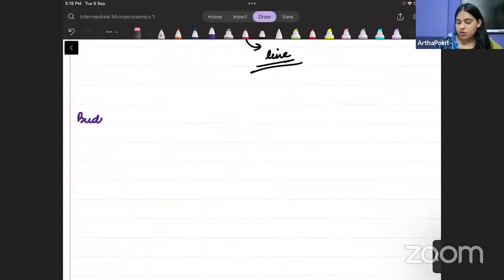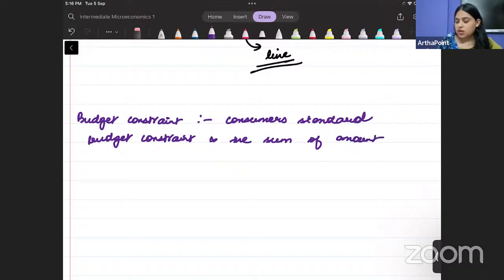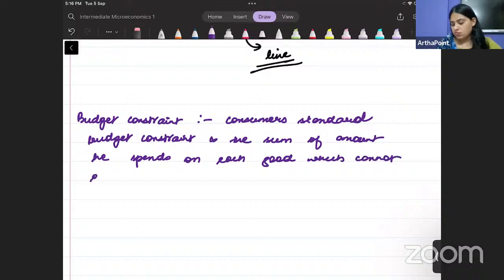Definition of budget constraint. लिख लो. What is budget constraint? Please write down. Consumer's budget constraint is the sum of the amount he spends on each good, which cannot exceed the income of the consumer.